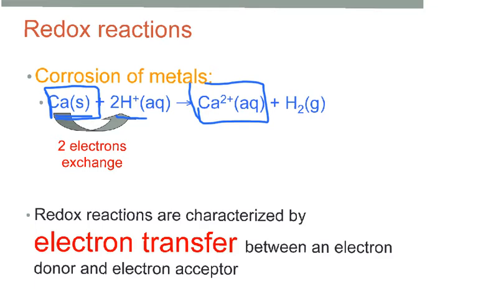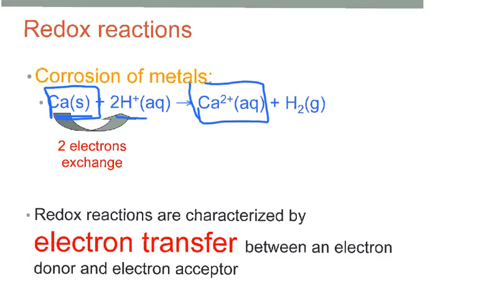So this one is the corrosion of calcium, but iron rusting is another redox type of reaction. Also, anytime you're combusting something, there's transfer of electrons. And even the demonstration we did in class with the hydrogen gas and oxygen gas to form water was an example of a redox reaction. And another really common one: as glucose is metabolized into energy, glucose undergoes a series of redox reactions.